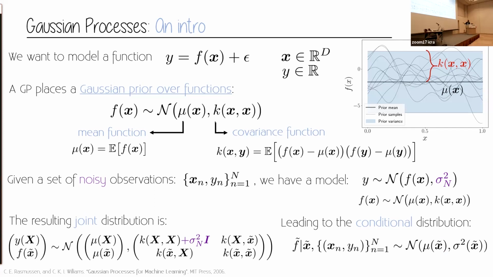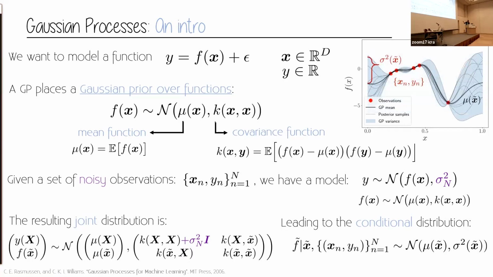And this is again given by a Gaussian distribution, which depends on your mean function and on your kernel function. Right? So when you have that kind of observation, this is the kind of value that you obtain for your function, where again you have the mean here in black, and this is the uncertainty which is given by the covariance function.